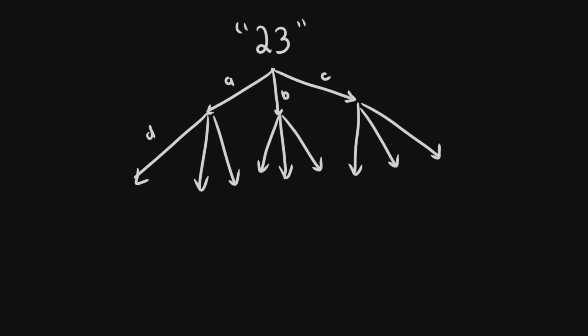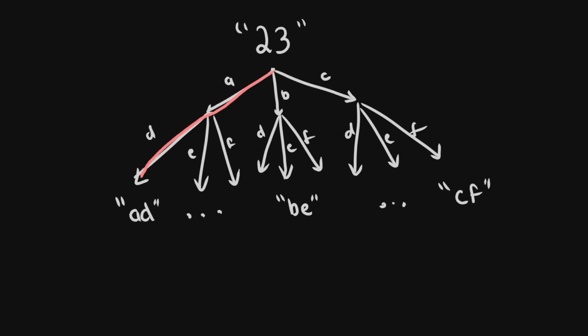And then this will be D, E, F, D, E, F, D, E, F. And then we'll get some strings, let's say A, D, and this will be B, E, and this will be C, F. So you can see that each of these paths is one of the possibilities. So this is AE, and this is BD, and these are all options that we can take.